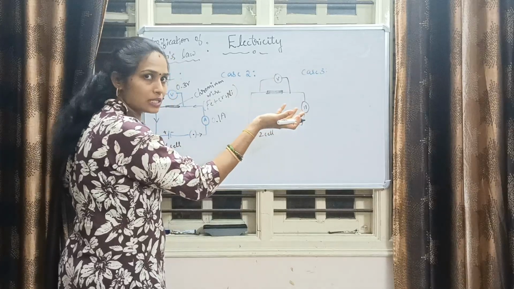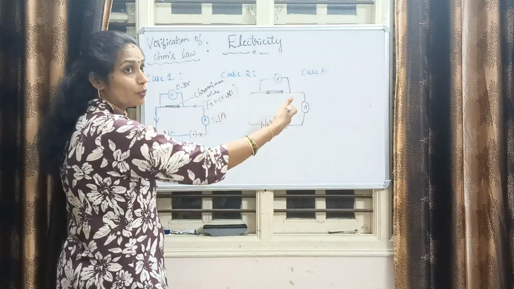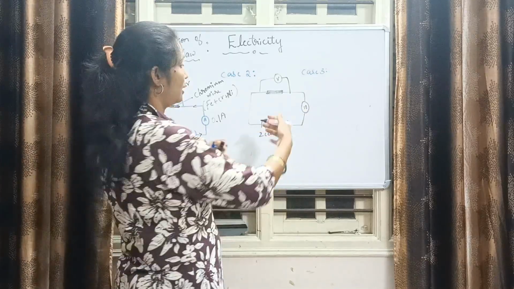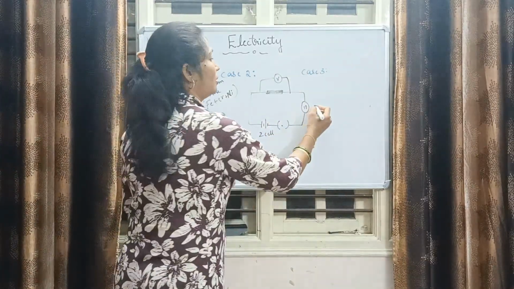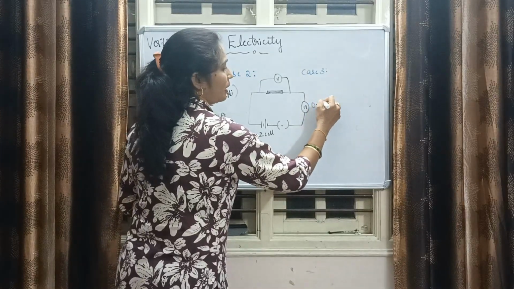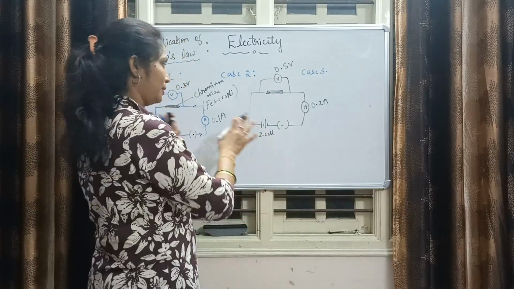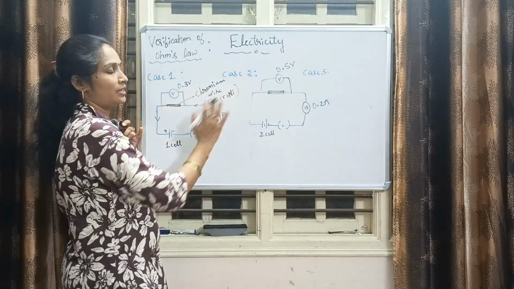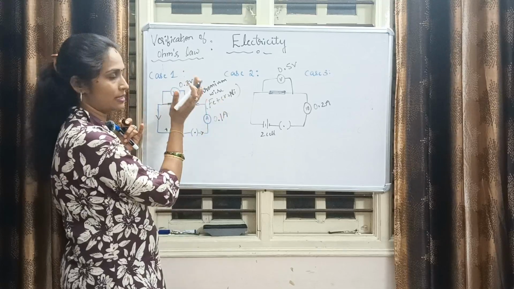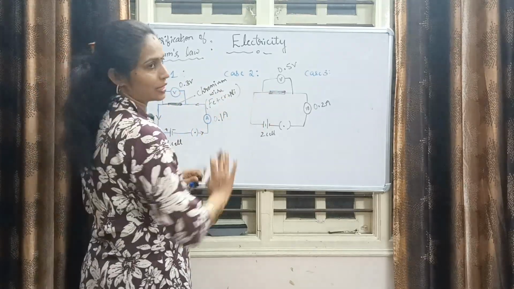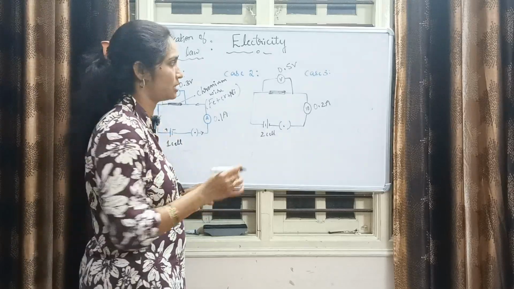When energy increases, there is more flow of electric current. So more flow means what, guys? 0.1 becomes 0.2 ampere, and here I'll take it as 0.5 volt. What you are observing in case 1 and case 2 is that the current increases from case 1 to case 2 because of the increase of cells, that is energy.